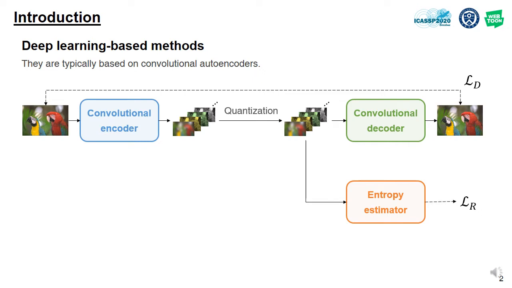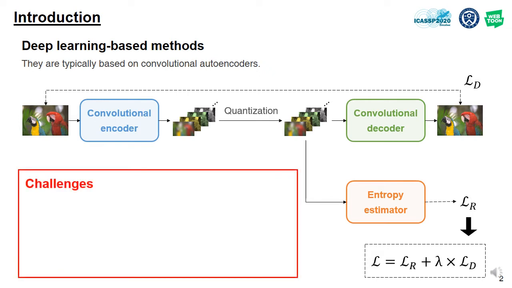And estimated entropy is used for the loss related to rate, because entropy is the lower bound of rate according to the Shannon's information theory. Finally, total loss function is defined by the weighted sum of the two terms.